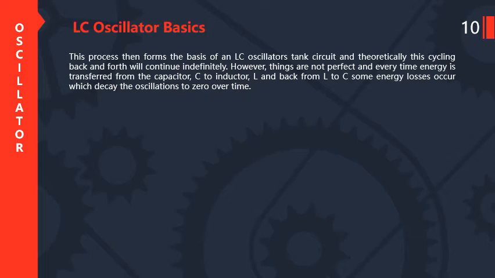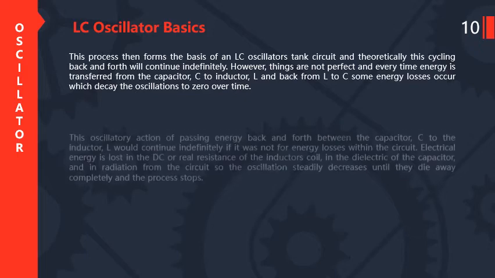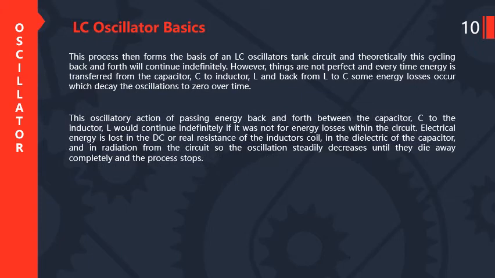However, things are not perfect, and every time energy is transferred from the capacitor C to the inductor L and back from L to C, some energy loss occurs which decays the oscillation to zero over time. This oscillatory action of passing energy back and forth between the capacitor C and the inductor L would continue indefinitely if it was not for energy loss within the circuit.